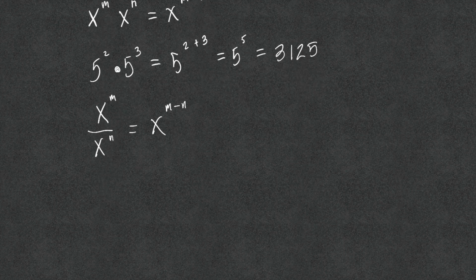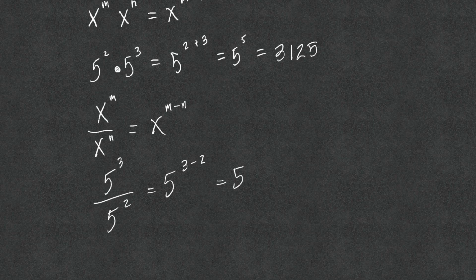So if I have 5 to the 3rd over 5 to the 2nd, essentially that's 5 to the 3 minus 2 power, which leaves me with 1. We really don't write the 1, but that's just 5. When we multiply, we add. When we divide, we subtract.